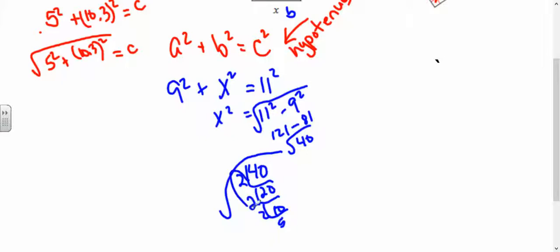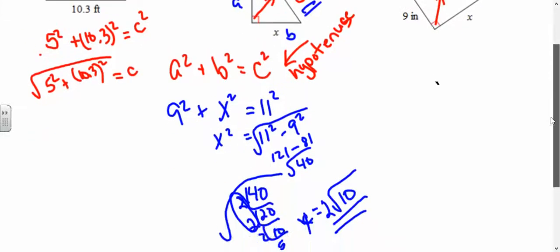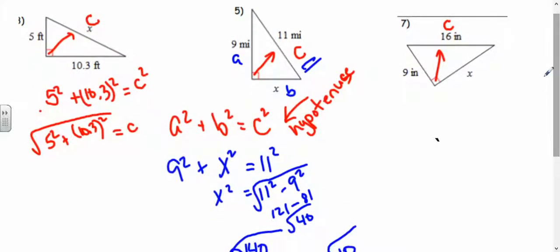So we've got one pair of 2's. So the square root of 4 is 2. And then we still have this 2 and 5 under our square root sign. So our simplified value for x would then be 2 square root of 10. Okay, so if you need to stop the video and write this down, go ahead.